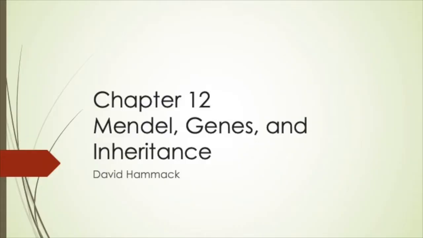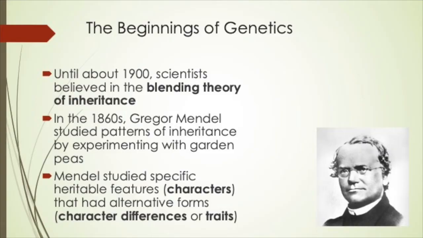We're going to be talking about genes and inheritance. Basically, the history of how science has figured out inheritance and the method of inheritance. So first of all, we have the beginning of genetics, and this began with Gregor Mendel.